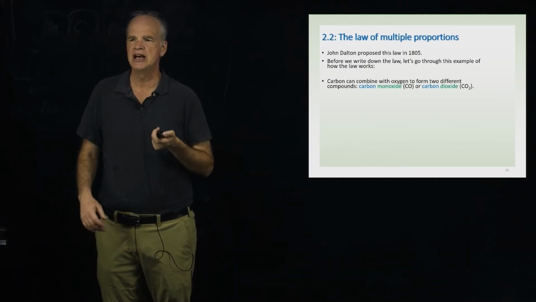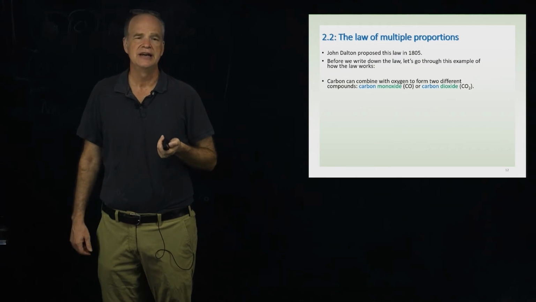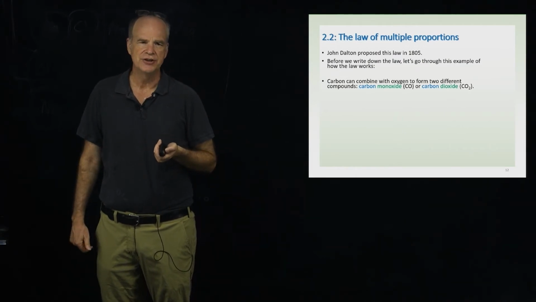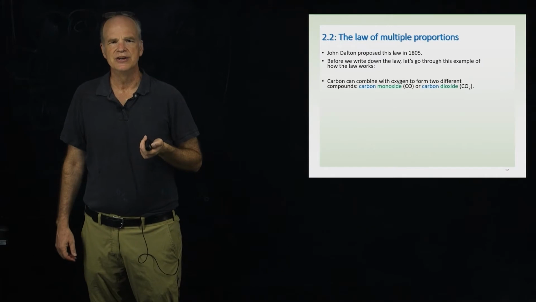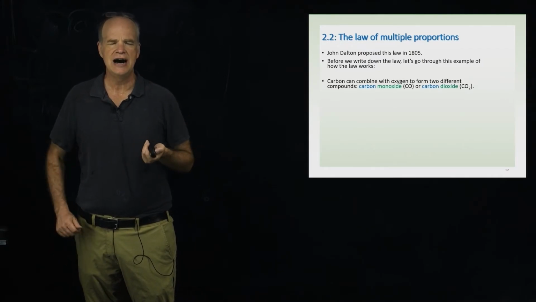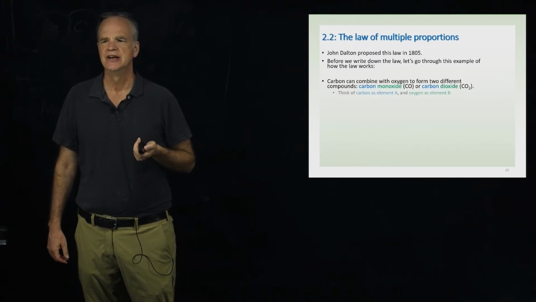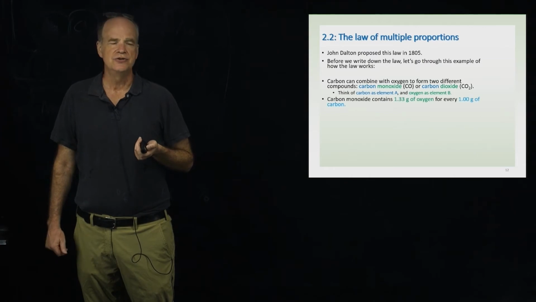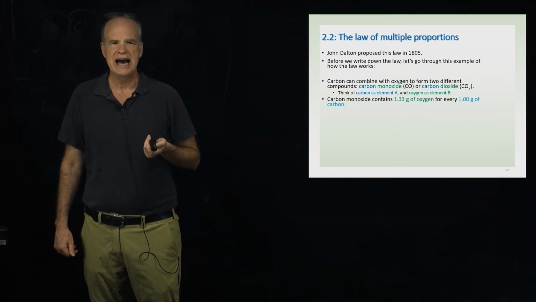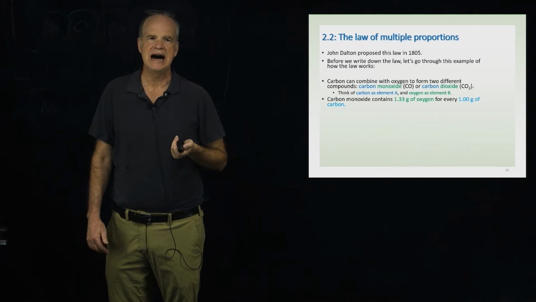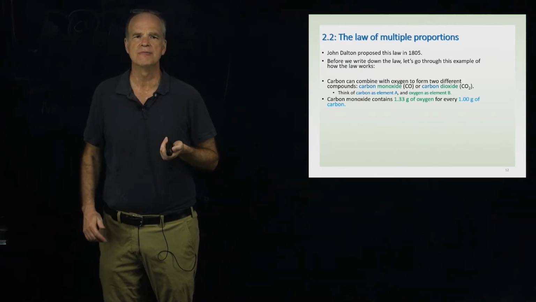Let's say we have element A, which is carbon, and element B, which is oxygen. What will happen is that you can get two compounds from these two elements. In one case, you can get one carbon atom binding to one oxygen atom, and it'll form carbon monoxide.